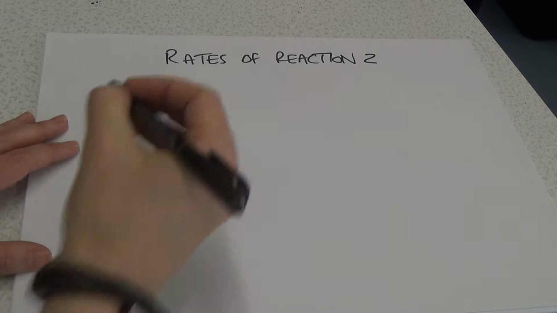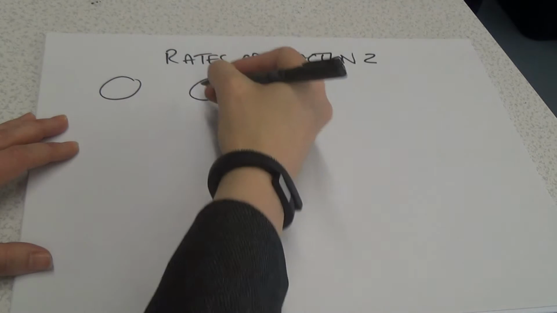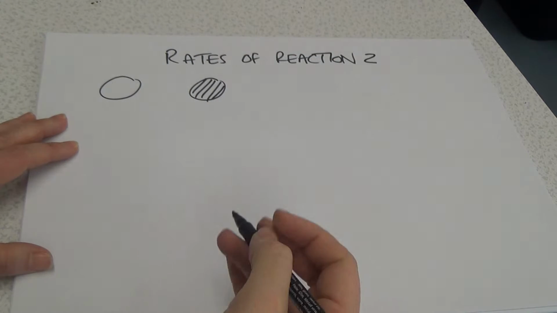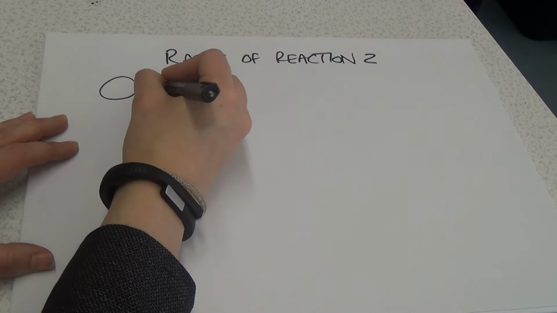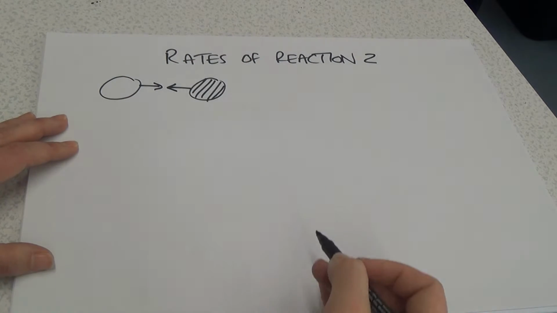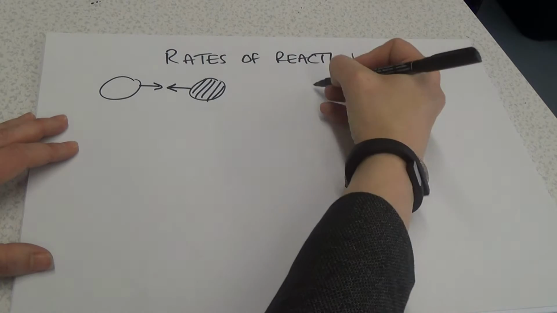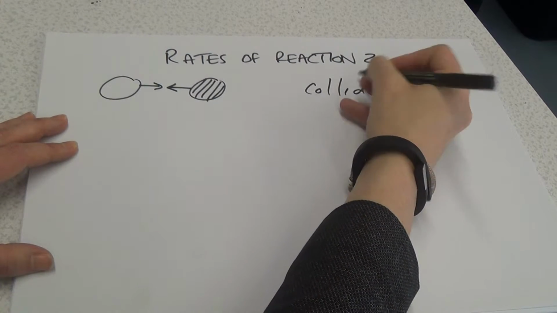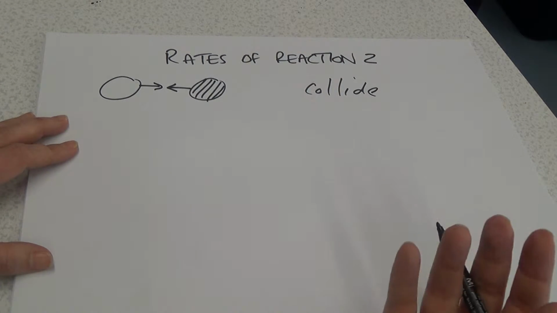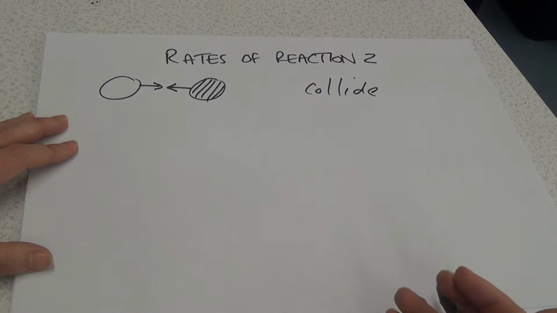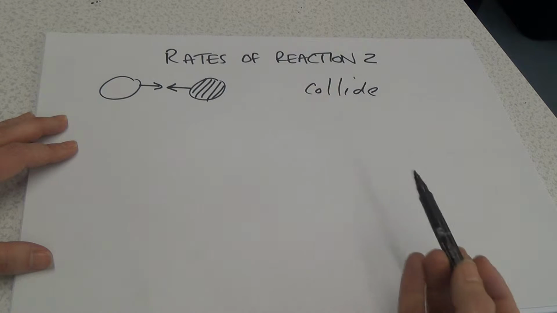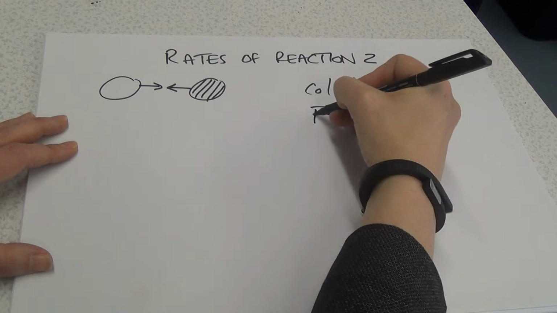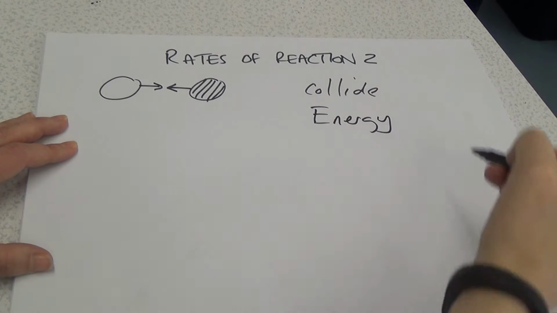For a reaction to occur, you have to have at least two different chemicals within your chemical reaction. And the key thing is, in order for them to be able to react, the first thing is they have to be able to collide. Particles will generally collide quite a lot of the time. But it also depends on how much energy they have when they collide.